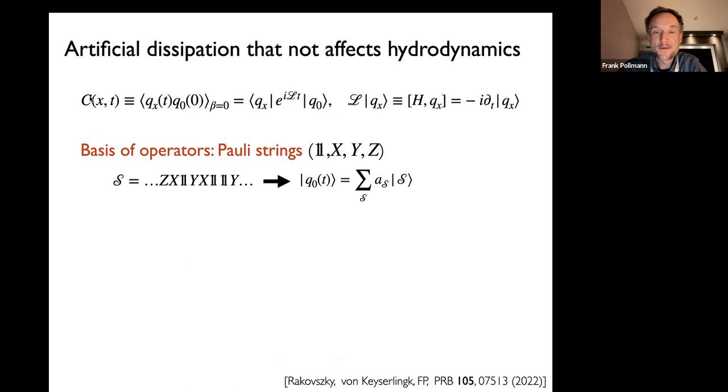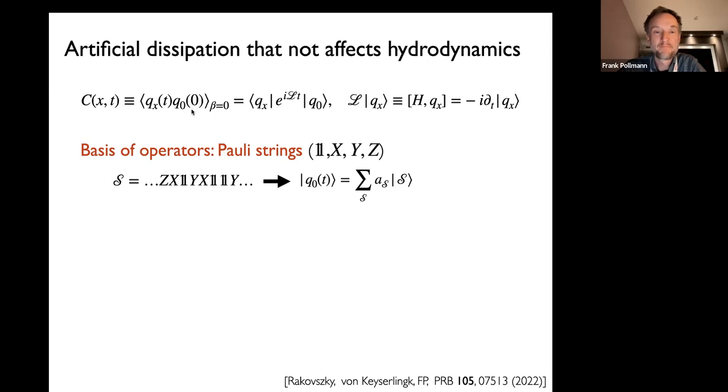In order to estimate diffusion constants, etc., we will calculate correlation functions at infinite temperature. So we are assuming very high temperatures, and we want to calculate expectation values of this type.